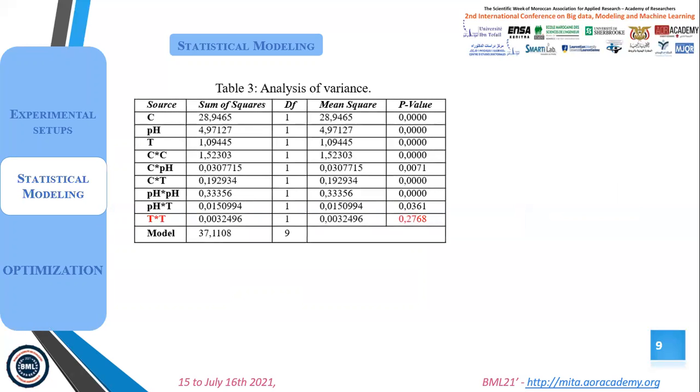Table 3 shows analysis of variance results. As we can see from this table, all parameters are significant because they have a p-value less than 5%, except the last parameter that has a p-value more than 5%.